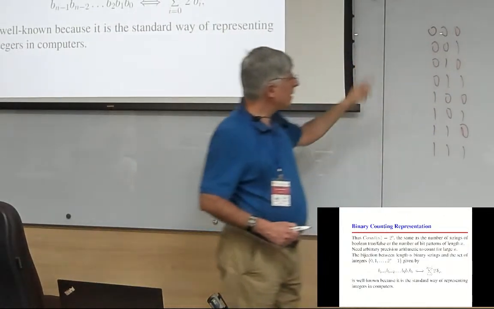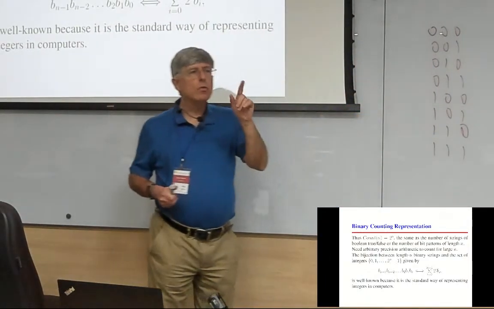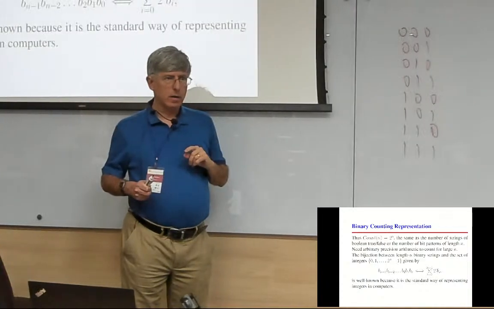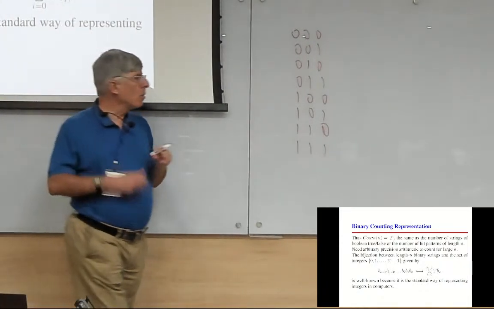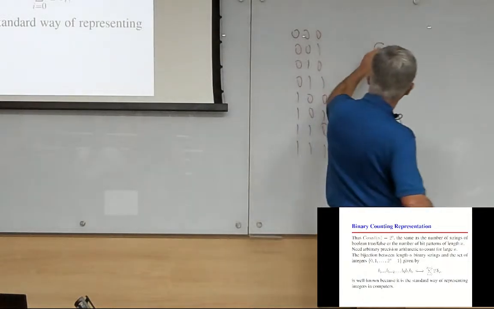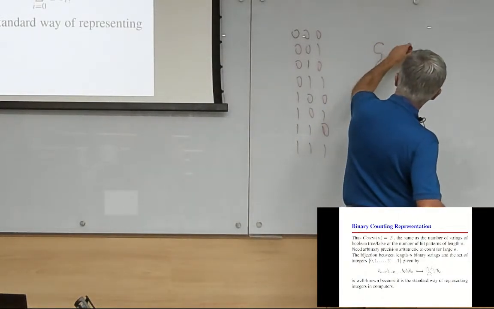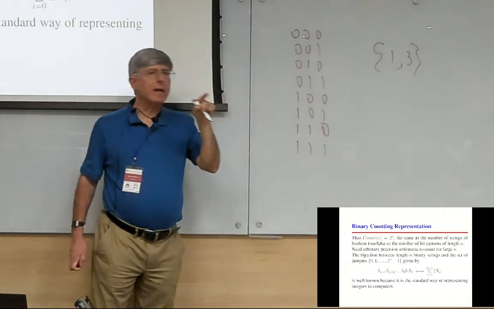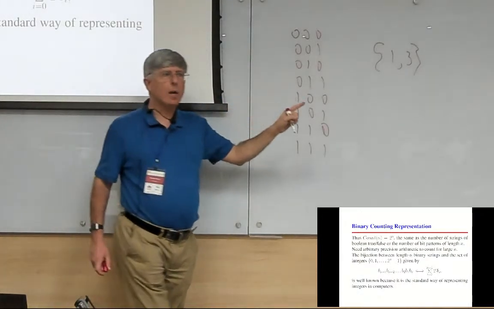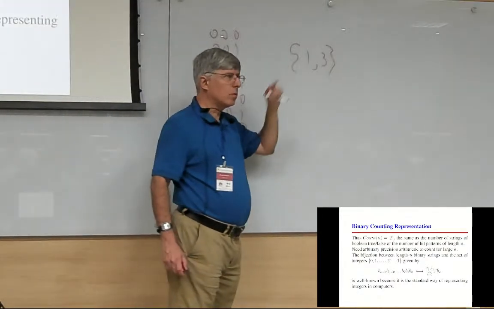If we generate it like this, how do you do ranking and unranking? It should be clear to me, if I give you a subset 1, 3, how would you come up with the ranking for where this subset 1, 3 is?